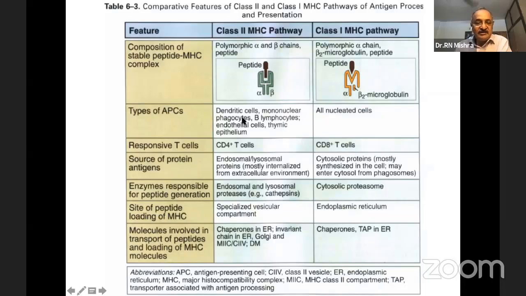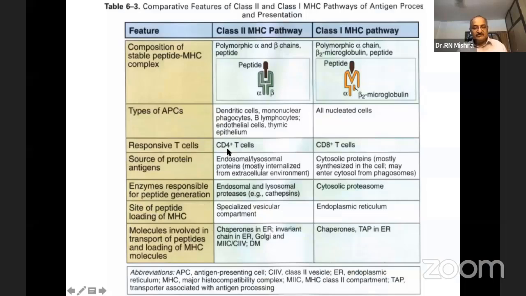It's the dendritic cell, mononuclear phagocyte, B lymphocyte, endothelial cell, thymic epithelium, and for class 1, all nucleated cells. Remember, class 2 molecules are normally quiet on the cell surface, but if they get a signal for inflammation, they are upregulated. But class 1 is there all the time.